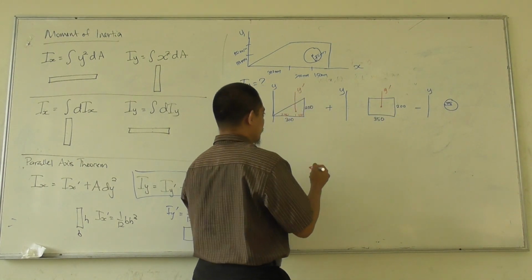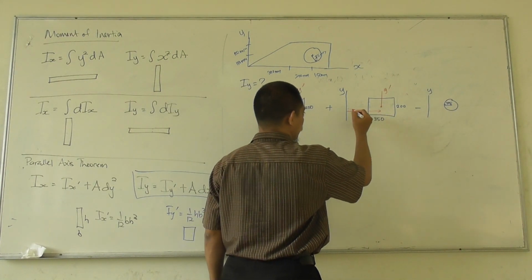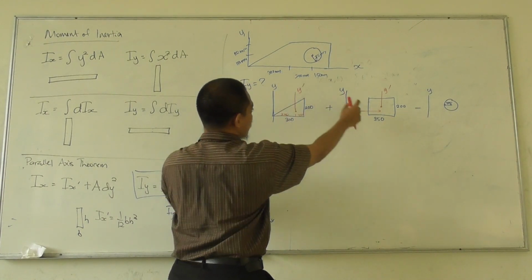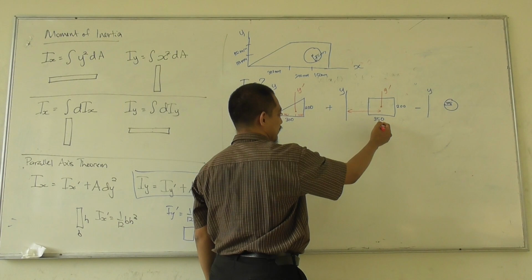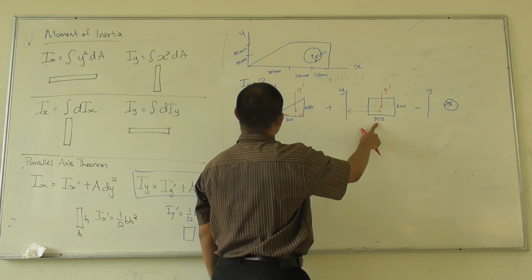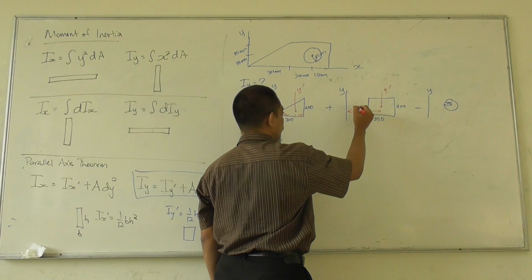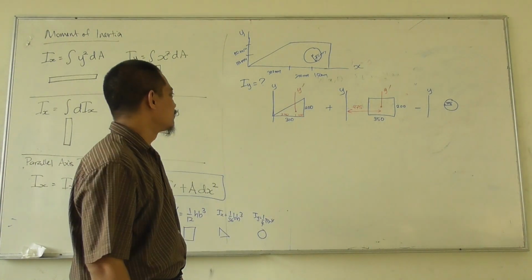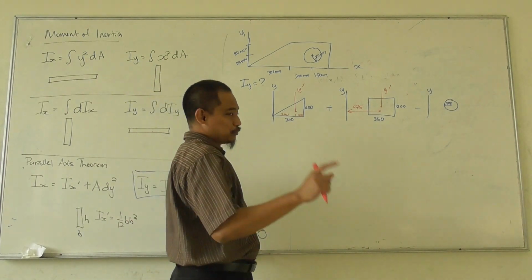So what is the distance? The total distance here is basically this 300 plus half of this. So 300 plus, what will be half of this? 175, right? 300 plus 175 means 475 millimeters. Correct? Hopefully I'm correct. Do not make a mistake.